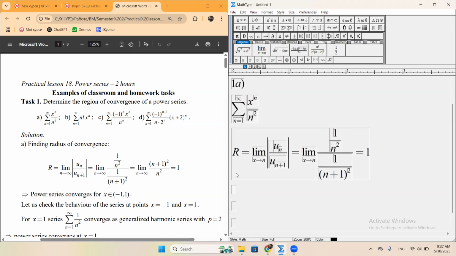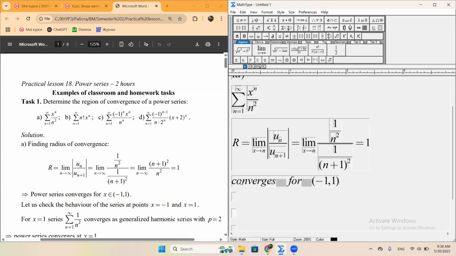So the series converges for all x from the interval -1, 1. Now, on which moment did I stop? Did you see this?